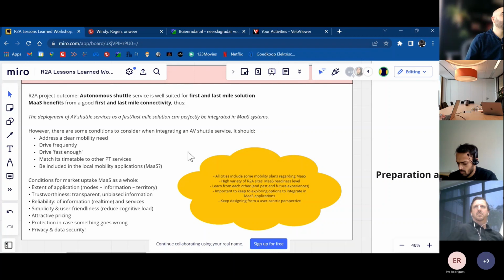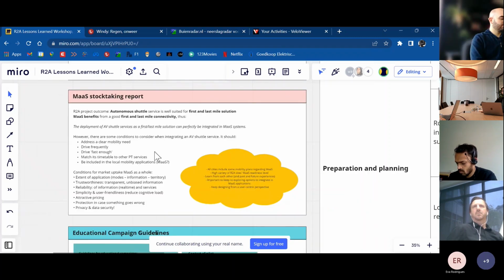And always keep designing from a user-centric perspective, but that's in principle the major point of MaaS. So that's, in a nutshell, the key outcomes of the MaaS stock-taking report in relation to the Ride2Autonomy sites and what can be learned from each other. That's it for the MaaS report.